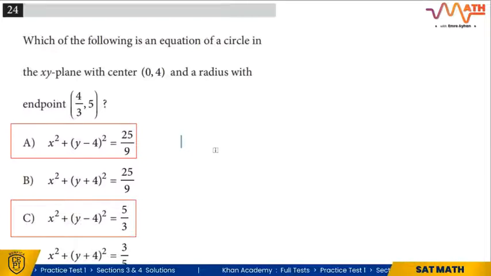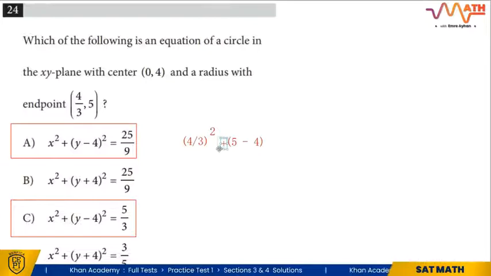So we have 4/3, and it is going to be squared, and y is 5. 5 minus 4, squared. Here, of course, we have a plus sign, right?